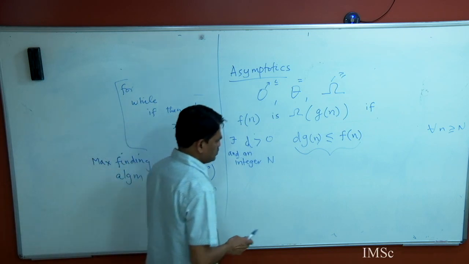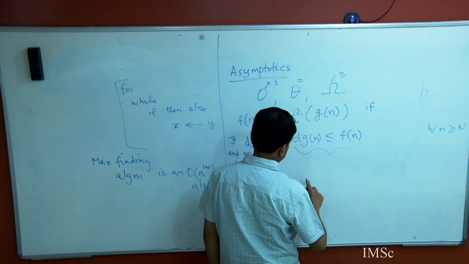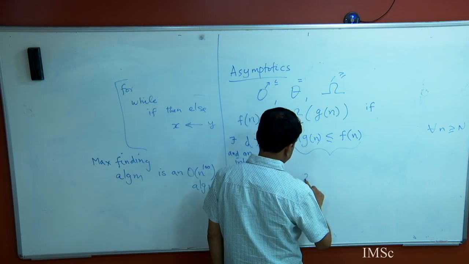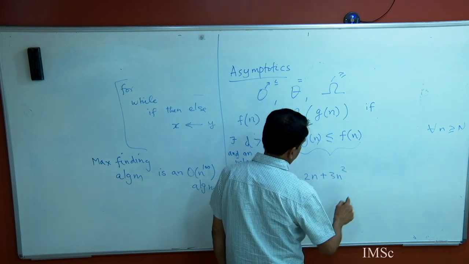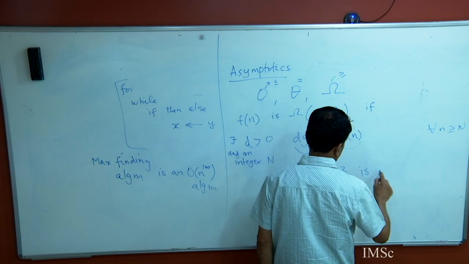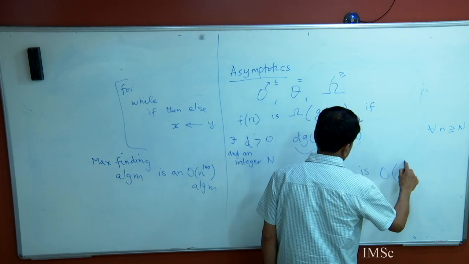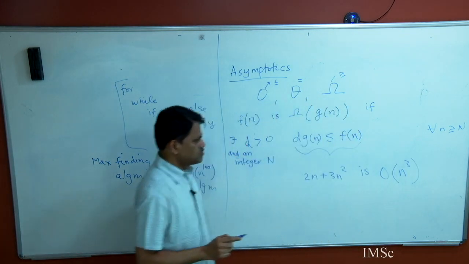So let's see, I want to say 2n plus 3n square. So is this correct?